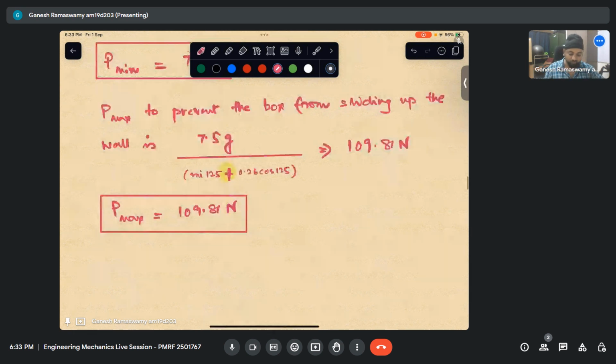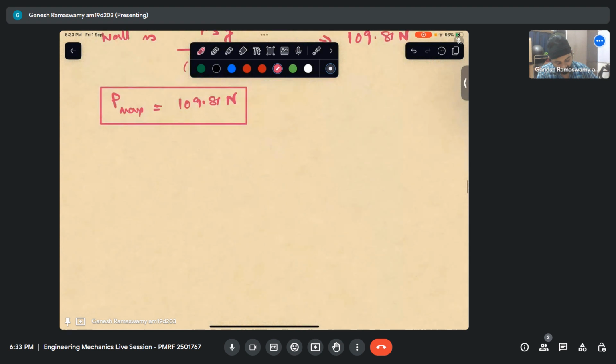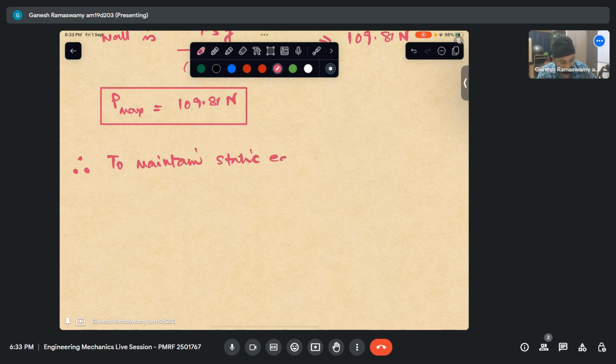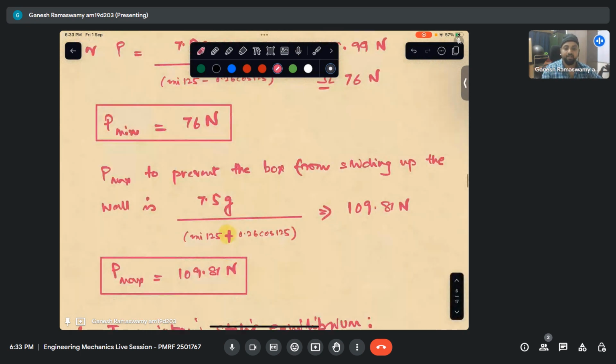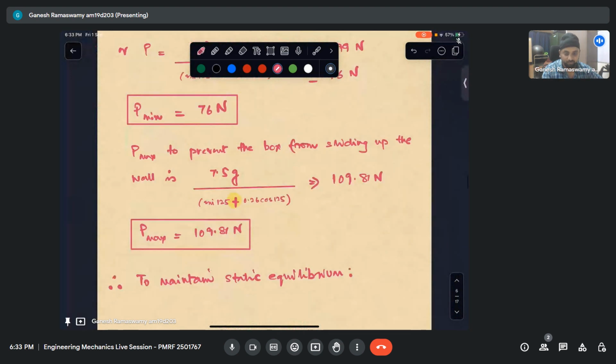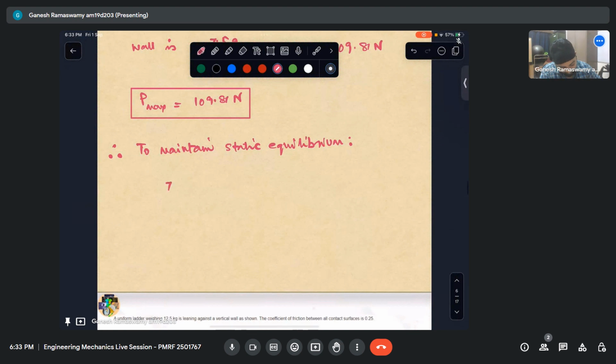So therefore, to maintain equilibrium, I have equilibrium in any direction, meaning equilibrium in the y direction, be it upward or downward. I need 76 Newton P. This is less than 109.81 Newton.